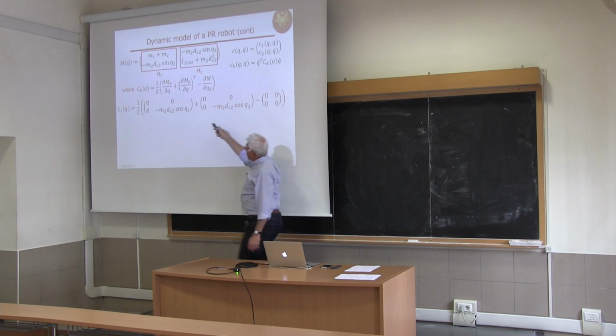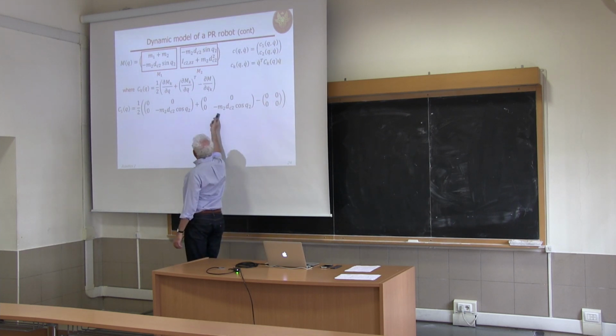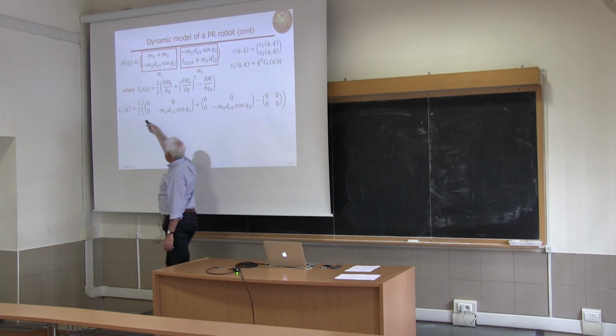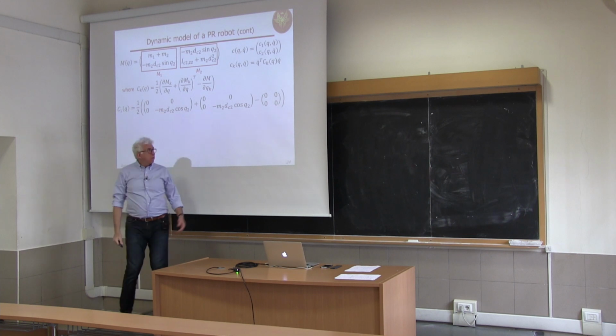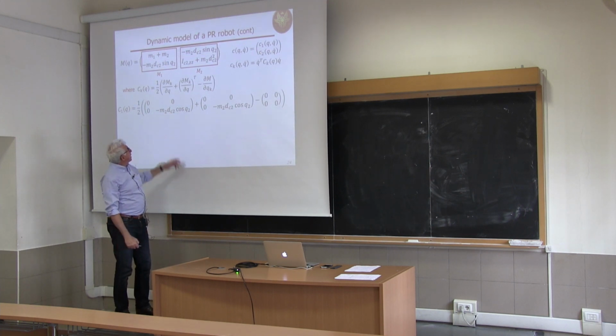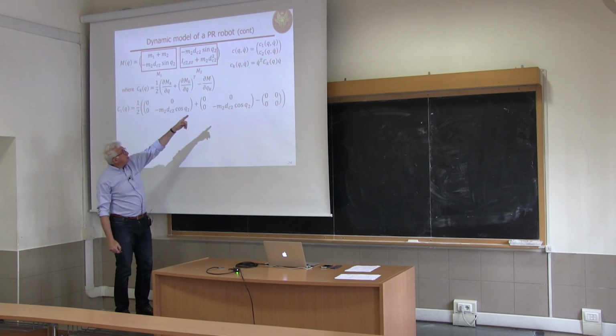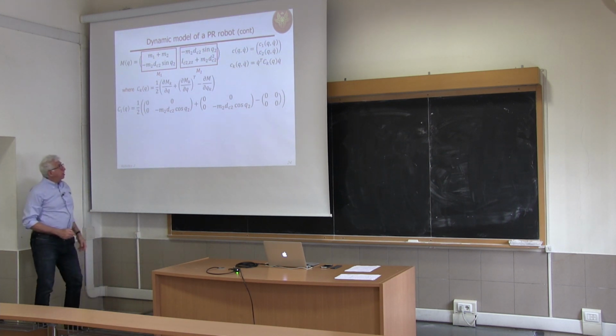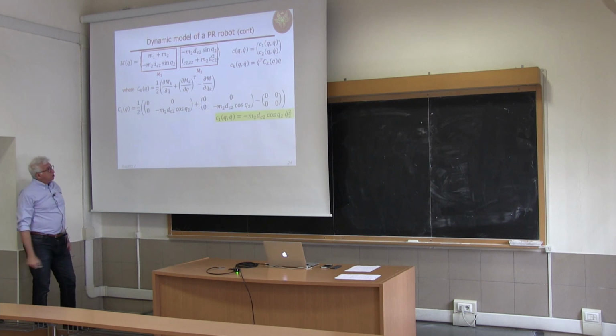So we end up with twice this element in position 2,2 of the matrix. We multiply it by 1/2, so we have this single element multiplying in the quadratic term, again, only the square of the velocity of joint 2.